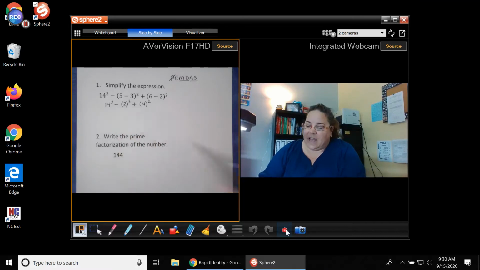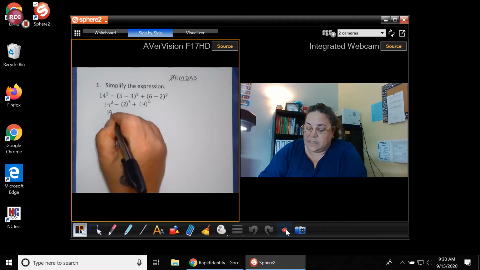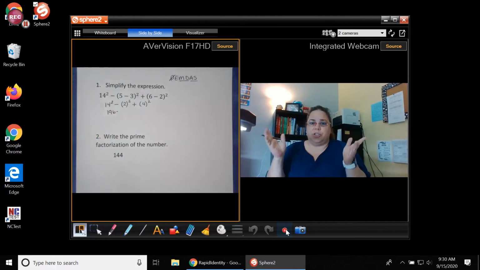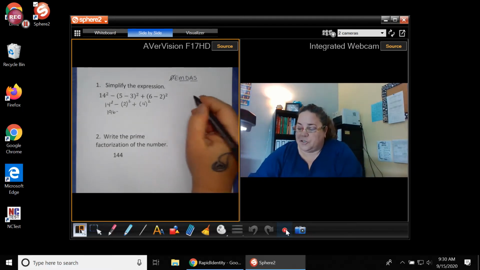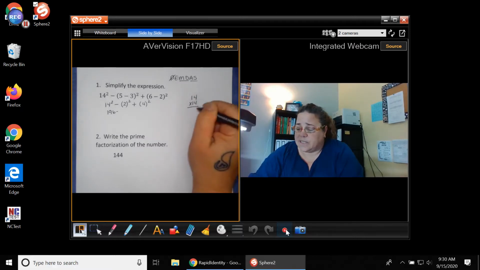So first, I have this exponent, 14 squared, or 14 to the second power. So 14 squared, I know that that's 196, but maybe you don't know that off the top of your head, so what should you do? Sure, you could use a calculator. Or you could just do a little side math and do 14 times 14. 4 times 4 is 16.